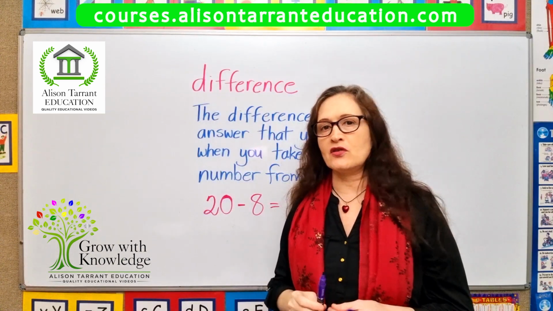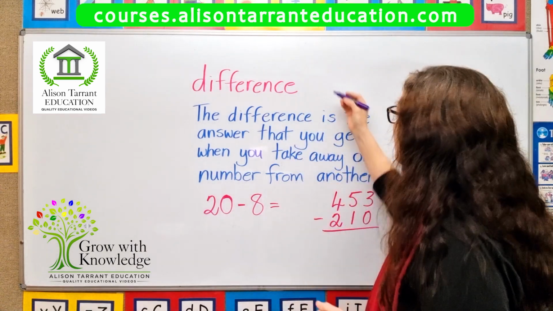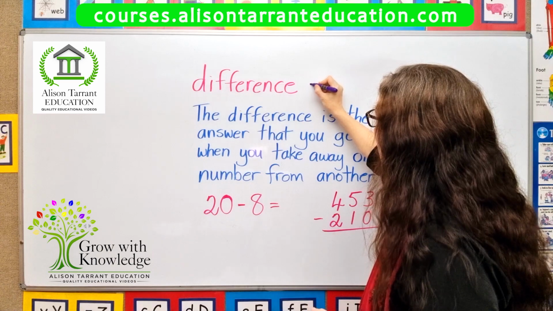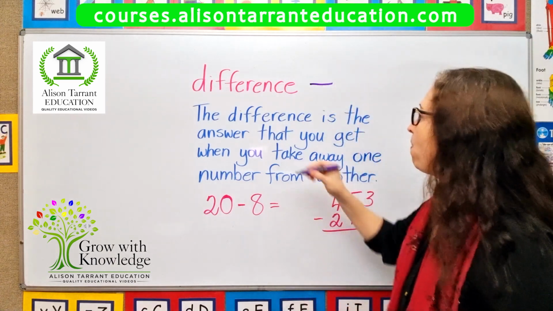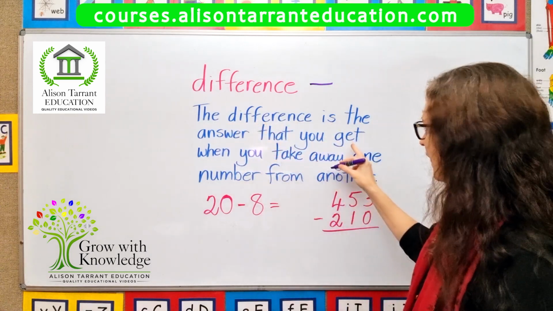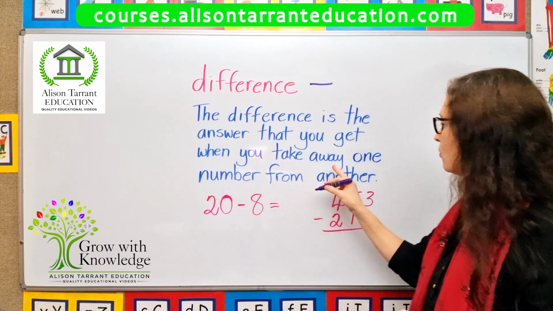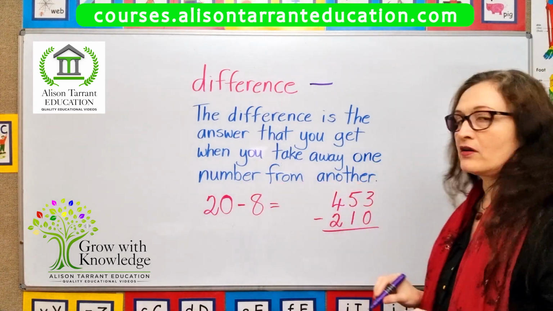Now let's have a look at the word difference. Difference simply means take away or subtract. And here's the actual meaning. The difference is the answer that you get when you take away one number from another.